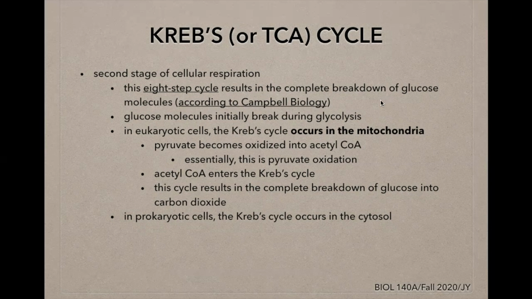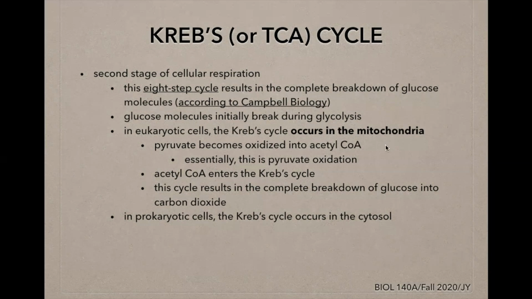And as I mentioned, although the initial splitting of glucose occurs in glycolysis, the complete breakdown of glucose occurs during the Krebs cycle. And in eukaryotic cells, the Krebs cycle occurs in the mitochondria, and typically this is in the mitochondrial matrix. Here, pyruvate will become oxidized into acetyl-CoA.